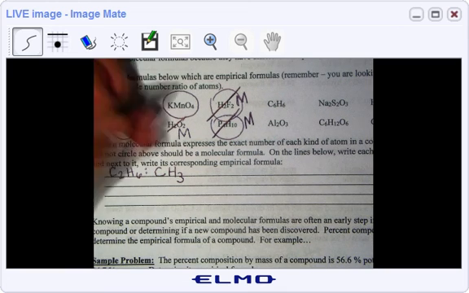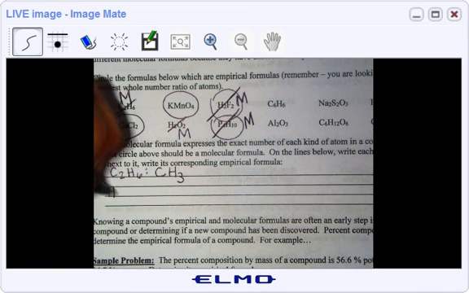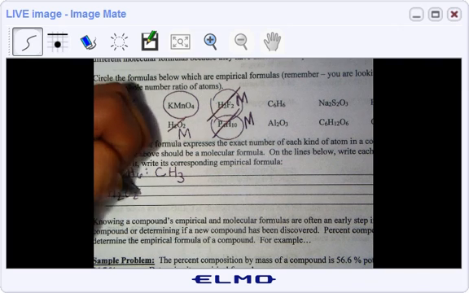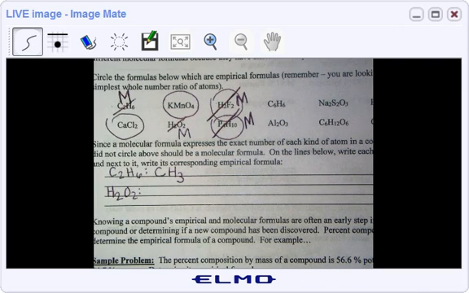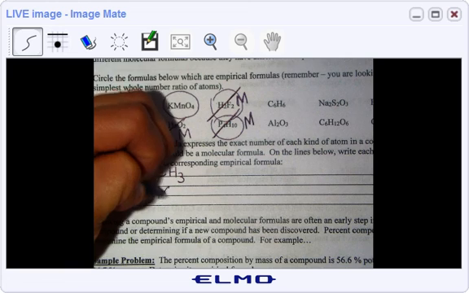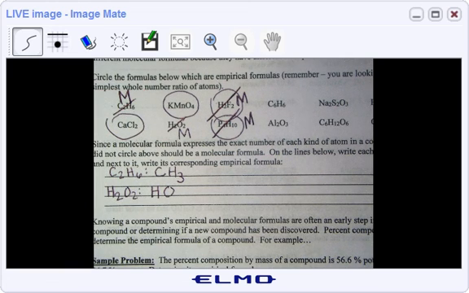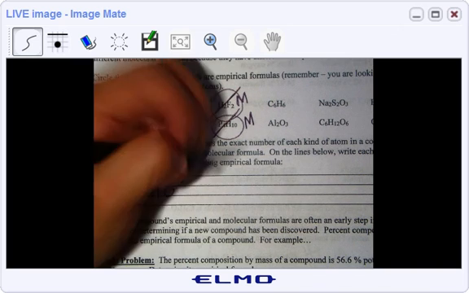This one down here was molecular, H2O2. What is that going to become? HO.